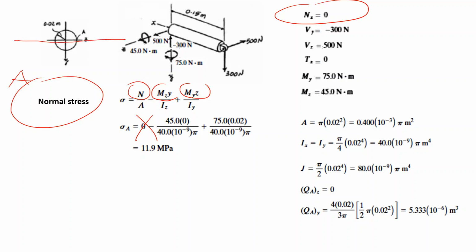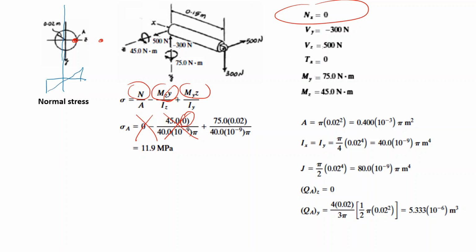And as you see in this case, the stress distribution will be like this. And my point A lies directly on the neutral axis. So this distance, this y, is 0, and this component disappears. Now, the last component is the bending around y. It will cause a distribution like this.